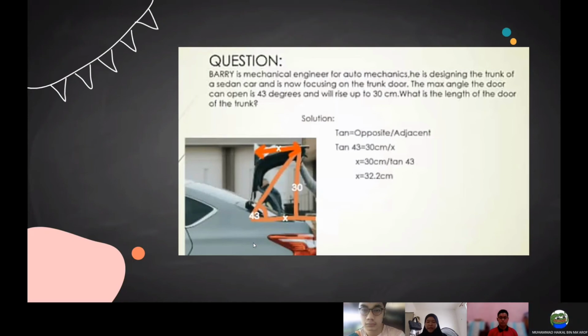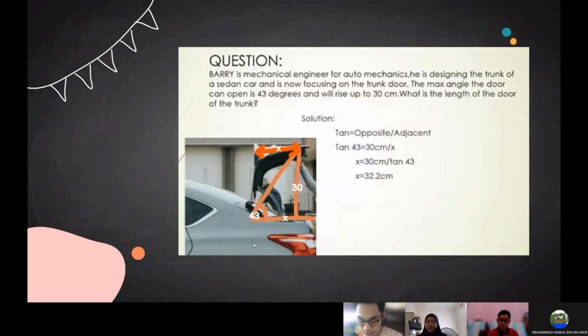The picture here shows how the trunk door of a sedan car looks, and we can use trigonometry to find the length of the door of the trunk by using tan of the angle equals opposite over adjacent. So the angle is 43 degrees and the height, which is also the opposite of the angle, is 30 centimeters, and x is the adjacent.